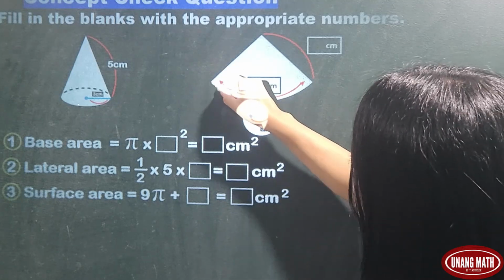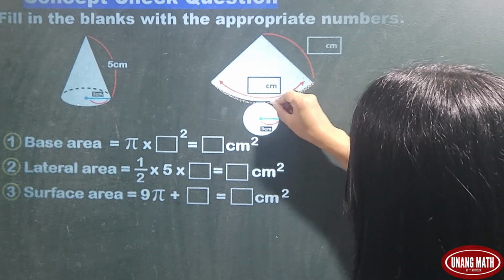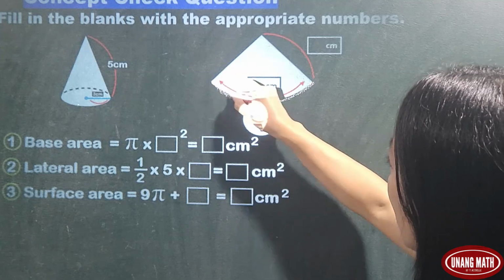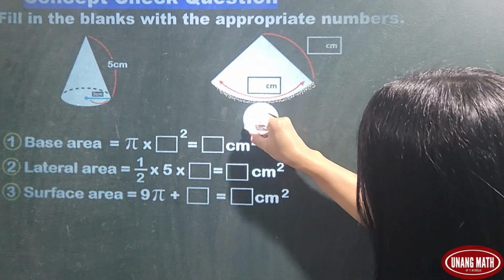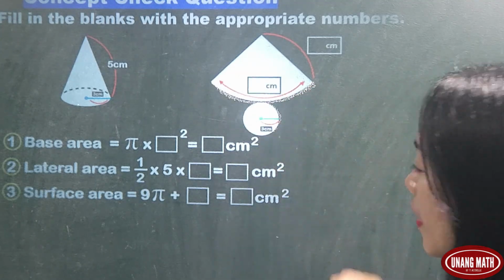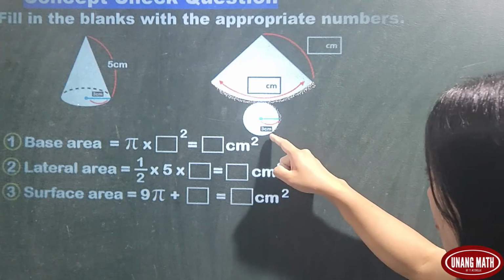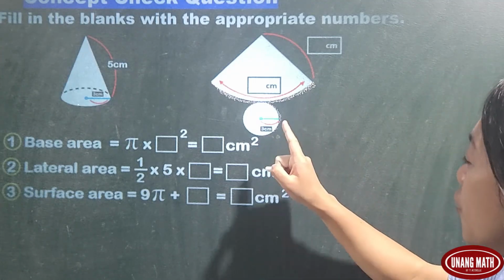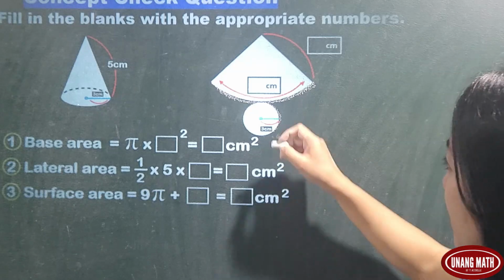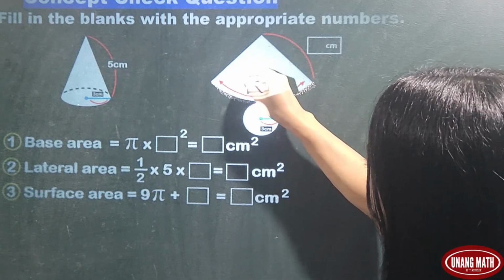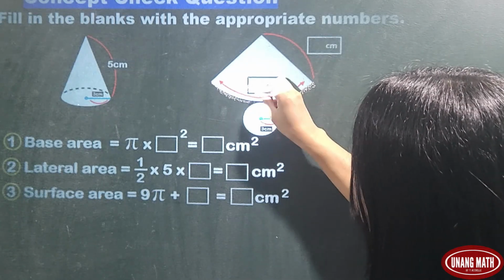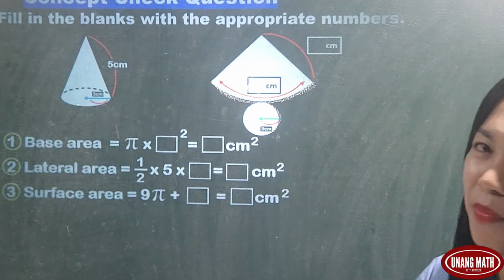What will be the length of this arc? Remember, the length of this arc is equal to the circumference of this circle. Since the radius is 3 centimeters, 2 times pi times 3 is equal to 6 pi. So the length of this arc is 6 pi centimeters.